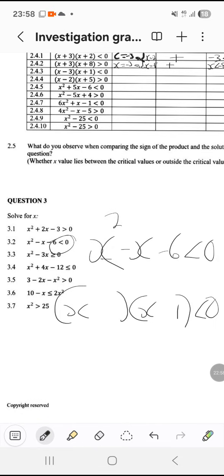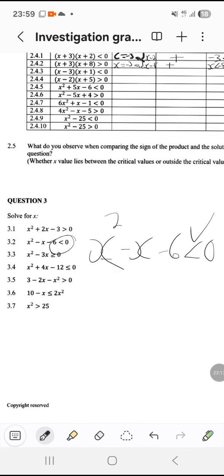We have 1 positive. We have minus 6. Now, according to the number line, let's write the inequalities as it appears here. Then we have minus 1 and 6. Let me check my factors.